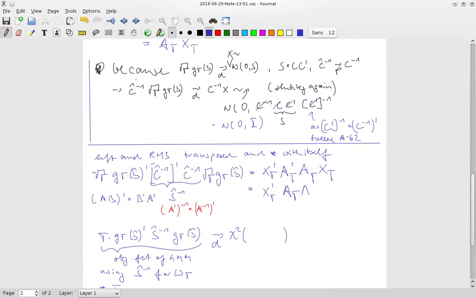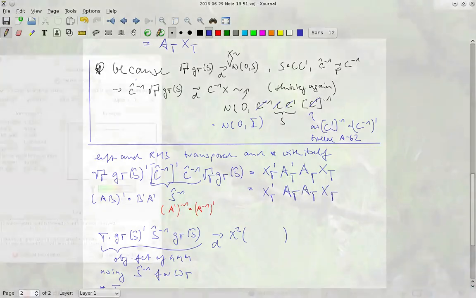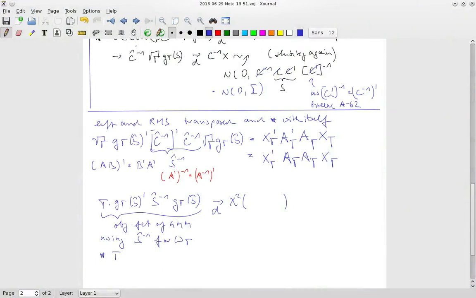It's A_T times X_T. But we also recognize that A_T is an idempotent matrix, or you should check that it's an idempotent matrix. So I can write the right-hand side as X_T' A_T X_T, and I get a quadratic form, right?